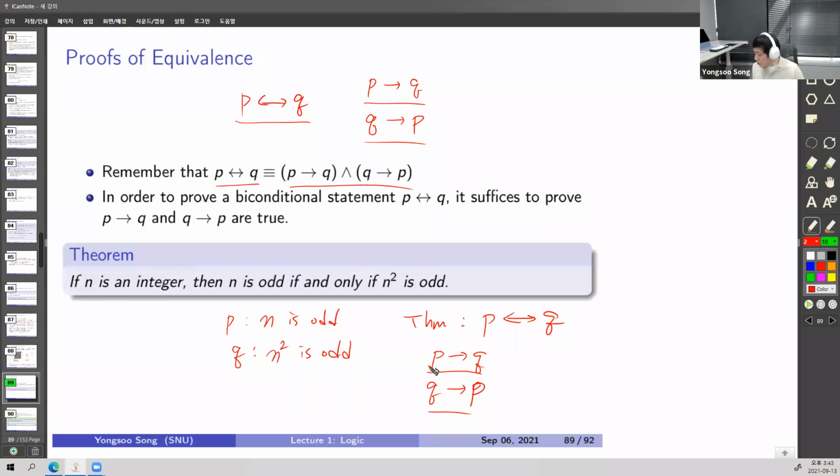The first proposition we can show with a direct proof as we studied in the last class. It's easy to show. And when you show the second proposition, it is more convenient to show its contraposition instead. So you can assume that n is not odd, meaning that n is even, and then show that n squared is even. So that concludes this theorem.